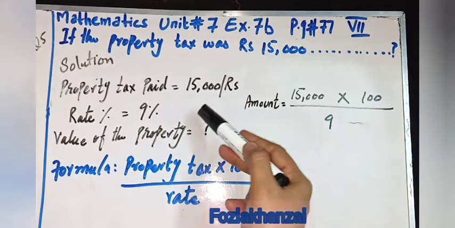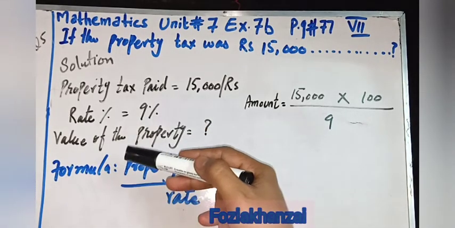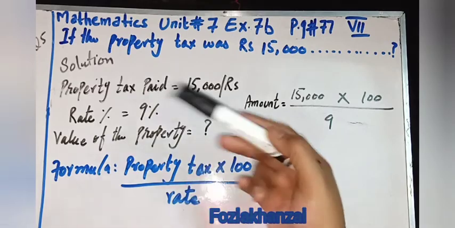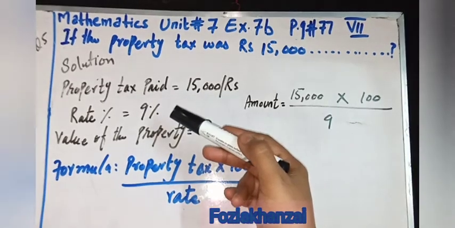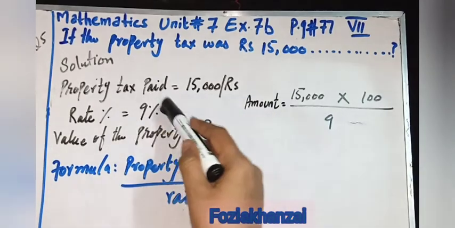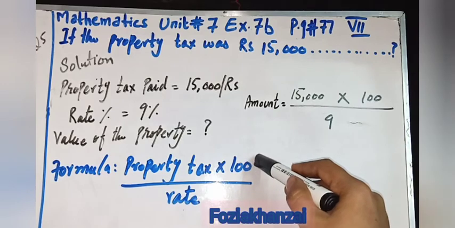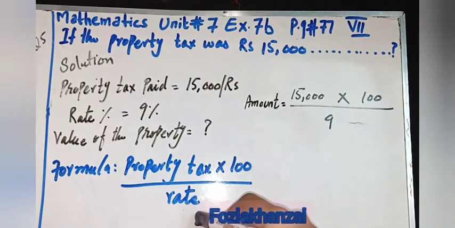Normally 9% is given, so we use 9 upon 100 and find the tax. But in this part the tax is given and we find the total amount, so we reciprocal this value. That's why we write 100 in the numerator place and the rate in the denominator place.